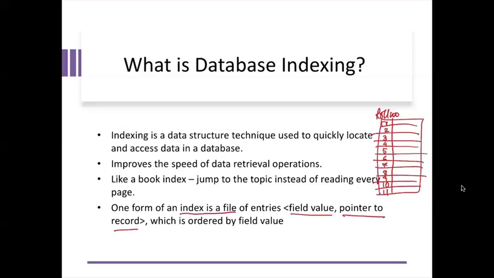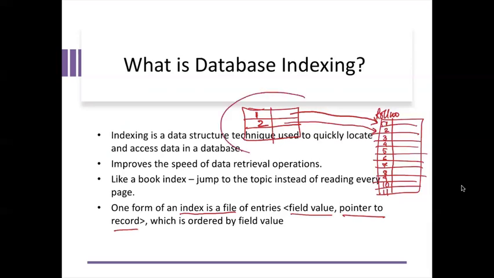What we can have is an index such that if the roll number is 1, I will have a pointer which points to the location where record 1 is stored. Similarly, if there is 2, I will have a pointer which will point to record number 2. Now this is at the record level. You may have something at a block level also, which we shall discuss in the next few slides.